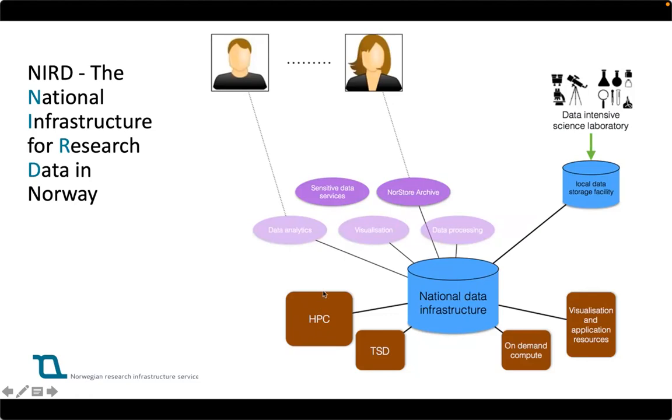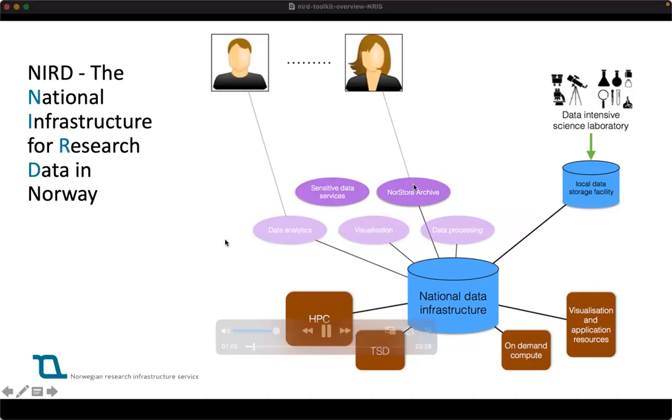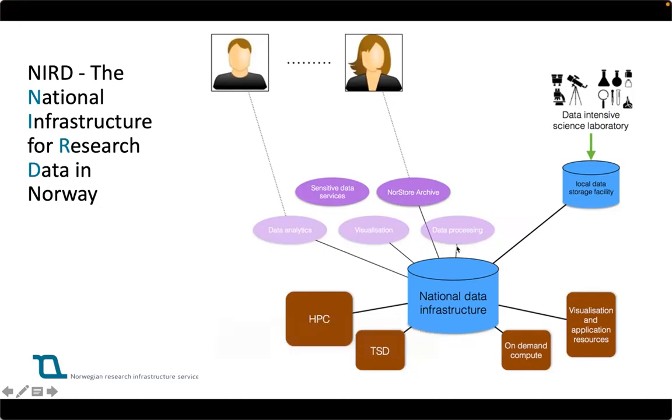There are also other services that we have on NIRD, like the NIRD archive. But today we're mainly talking about the data analysis, visualization, and data processing services that we have on the NIRD Toolkit.